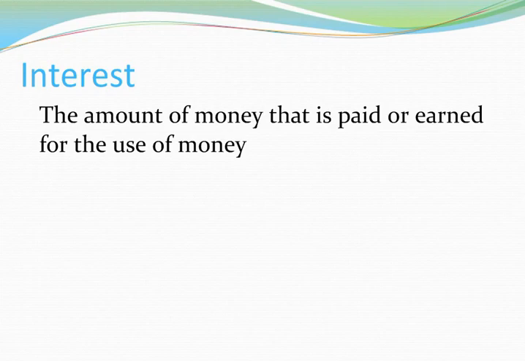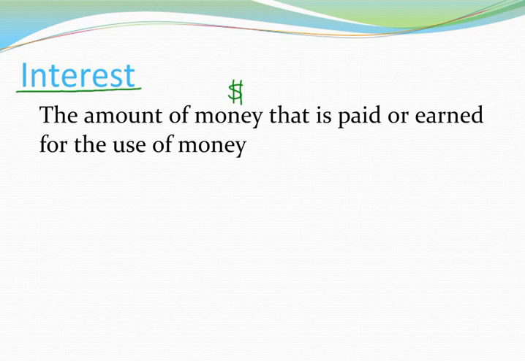Okay. The first thing we need to talk about when we're dealing with simple interest is interest itself. Interest is the amount of money that is paid or earned for the use of money. If you have a bank account, it earns interest because the bank uses your money. So you make a little bit of money.